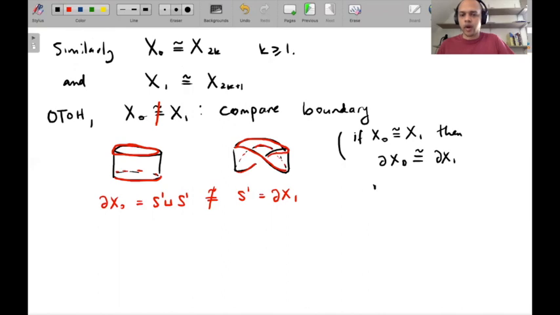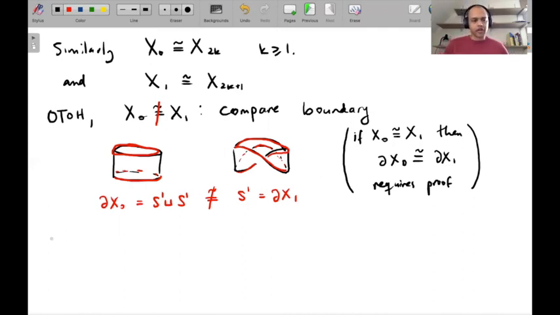So this requires proof. And we don't quite have the tools to do it now, but this is at least the idea for why these are actually different spaces. You just look at the boundaries.